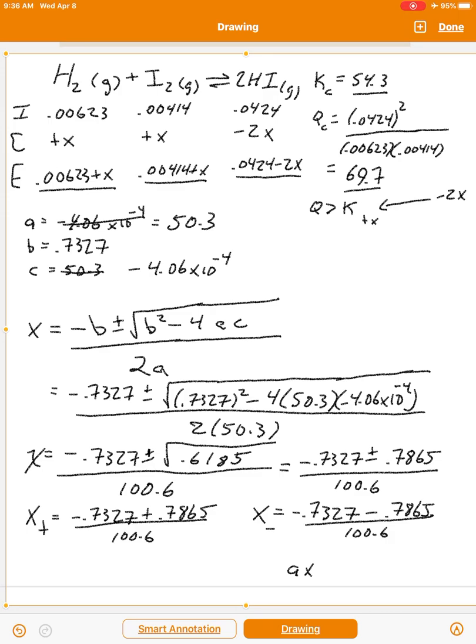So running it through, what you end up with are two values. The positive root is 5.348 times 10 to the minus 4. And the negative root is minus 0.0151.